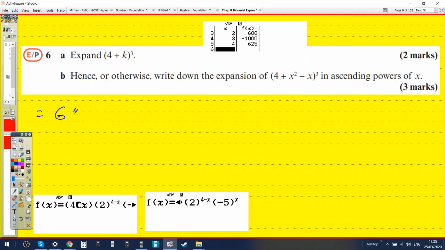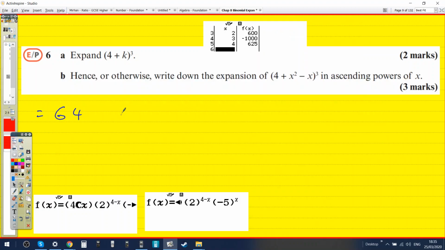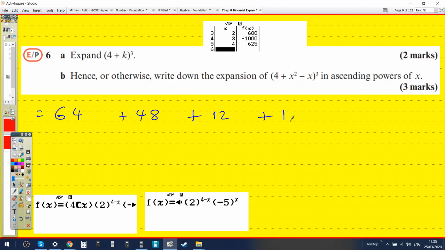And so what will be the values of k for each of these? First one is k cubed, and then k squared, and then k, and then the last one is just it doesn't have k.